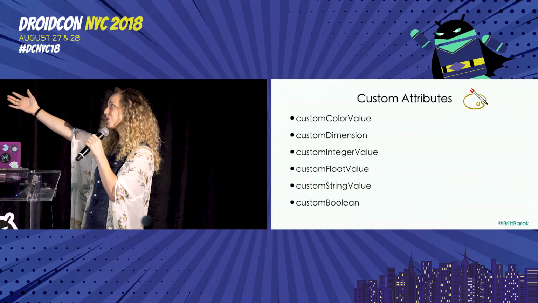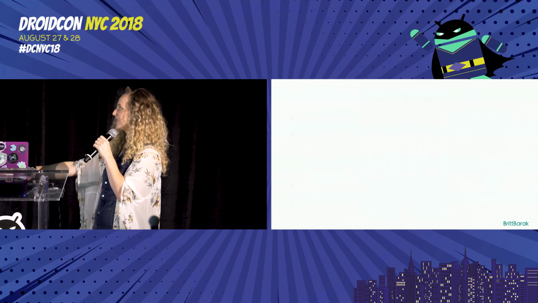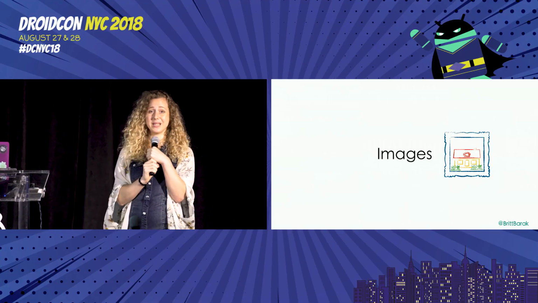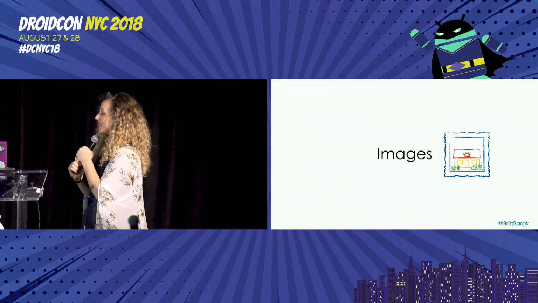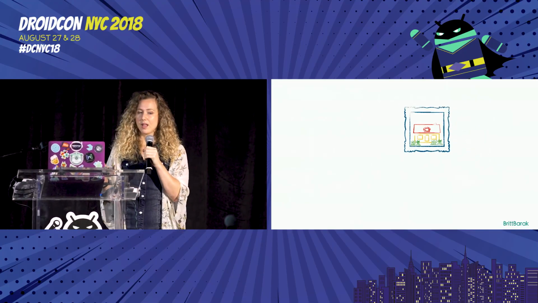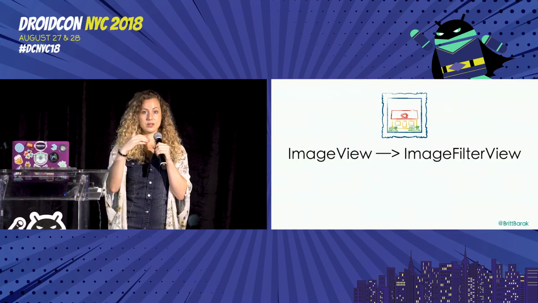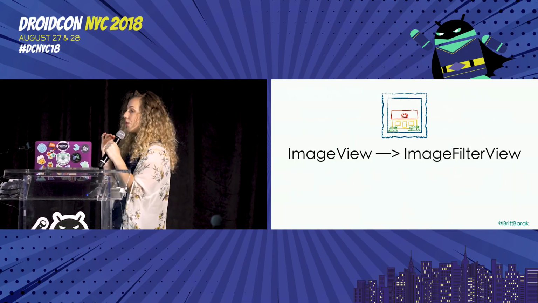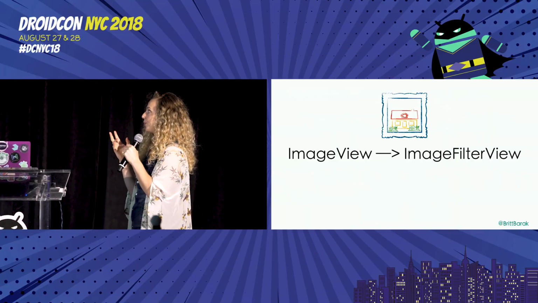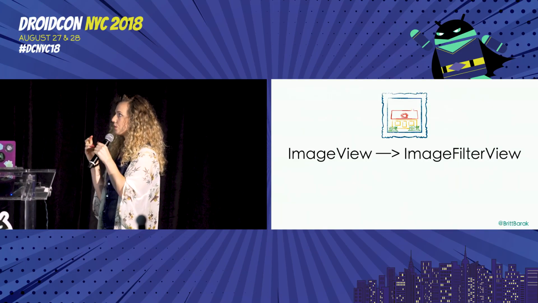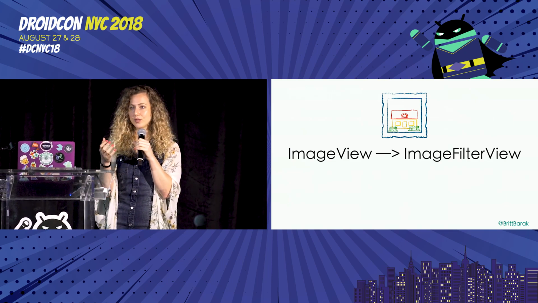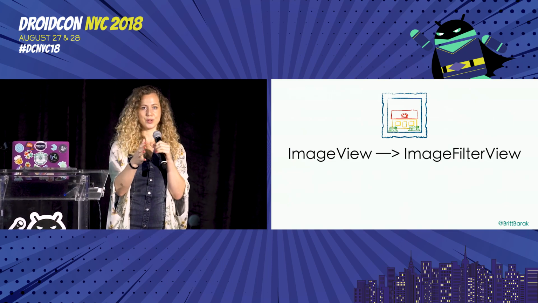One thing that I don't see here, though, is images, right? Which is pretty bumming, because we love images. So luckily for us, in the ConstraintLayout library, they created an ImageFilterView. ImageFilterView extends ImageView, and it can do some cool filters for us and animate them.